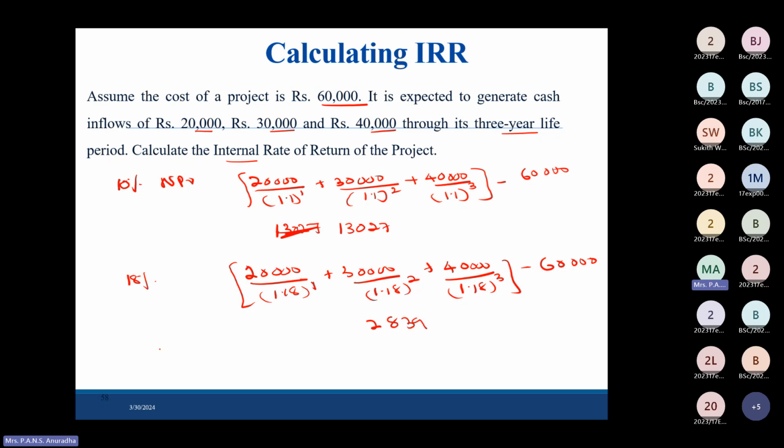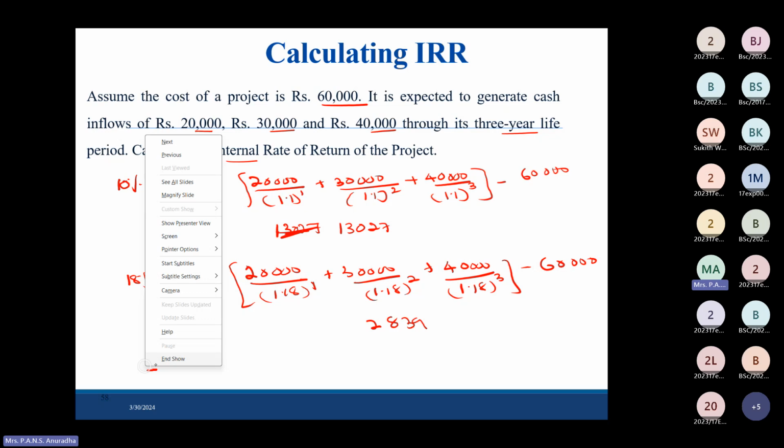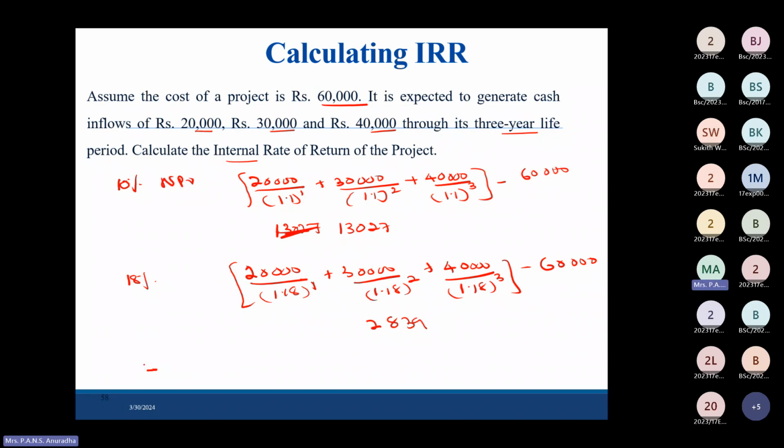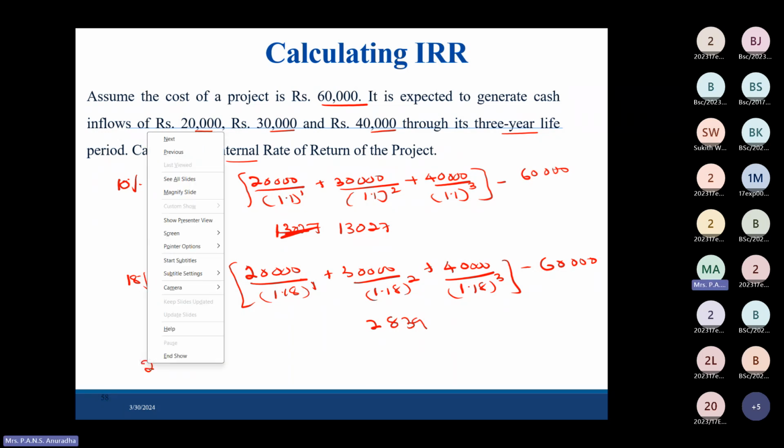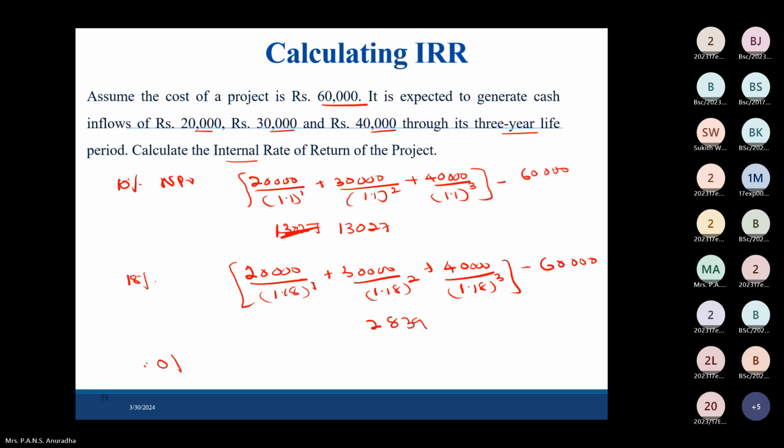So now it is 18%. Let's go with 20%. Quickly change this 18% and see what is the NPV.